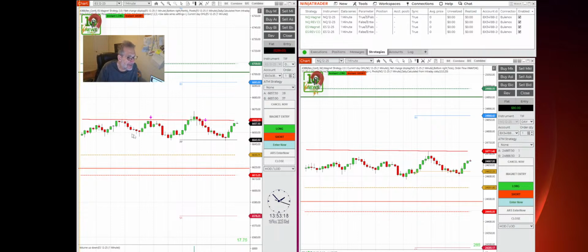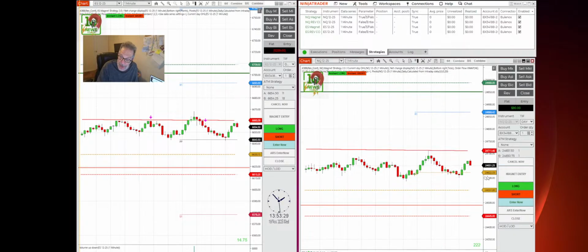So back to the VWAP. When we get closer to the news, I'll press the auto button. In fact, I'll turn it on now so I don't forget.